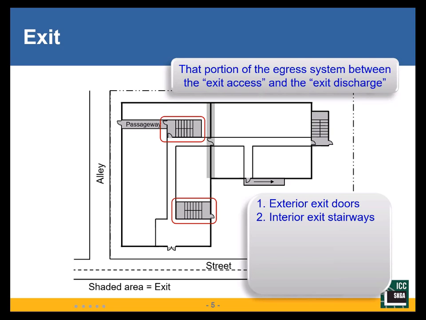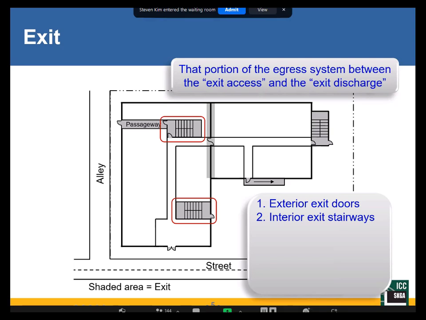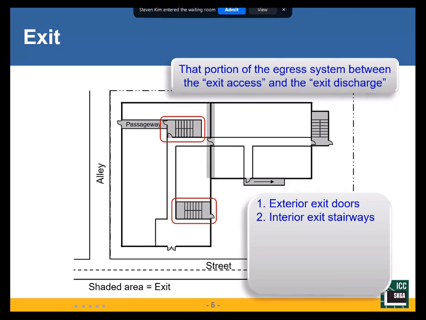Be careful when you're reading the code because there are also interior exit access stairways. They are different. There is no fire-rated enclosure. The requirements for them are different. The requirements for the stairs and the handrails and the guards and all that are the same, but it is not considered an exit unless it's in a fire-rated enclosure.